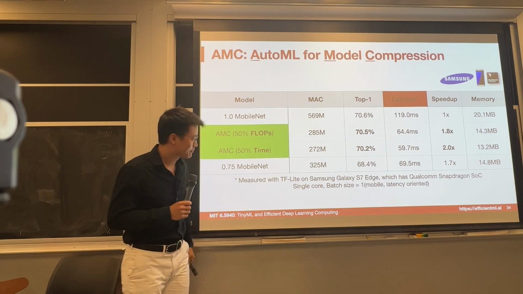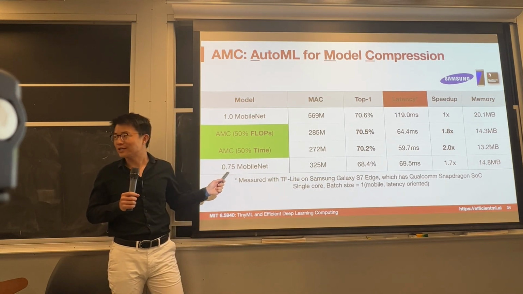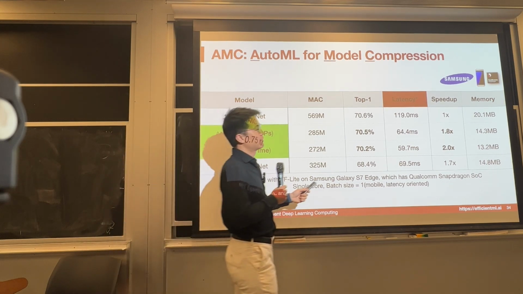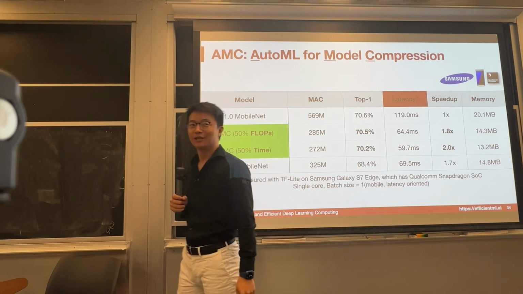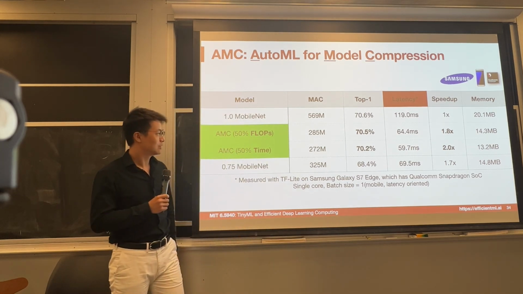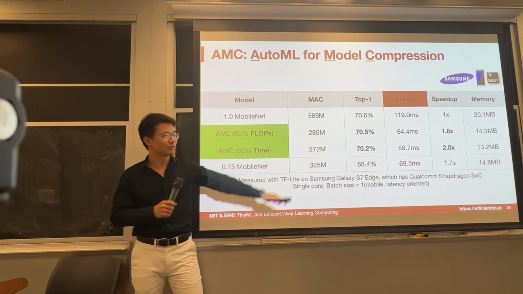A question here: how do we associate this 25% of pruning with this 70% speed up? Why we pruned 25%, but we got 70% speed up? Is it too much?